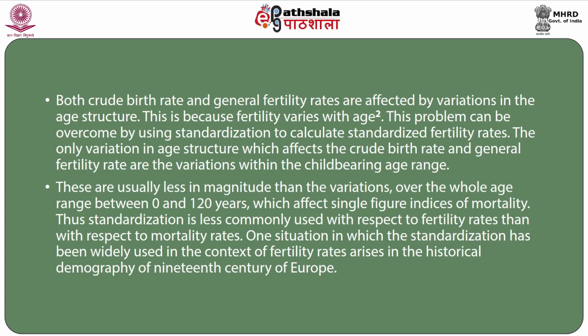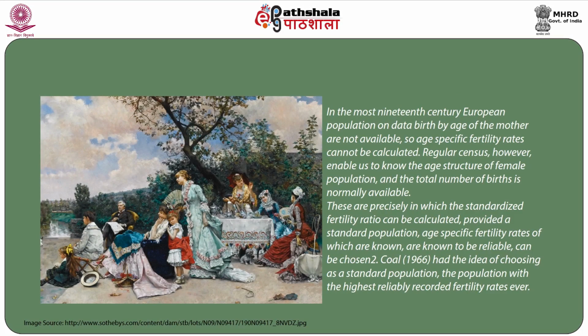One situation in which standardization has been widely used in the context of fertility rates arises in the historical demography of 19th century Europe. In most of 19th century Europe, data on births by age of the mother were not available, so age-specific fertility rates could not be calculated. Regular census, however, enabled us to know the age structure of the female population and the total number of births, which is normally available.